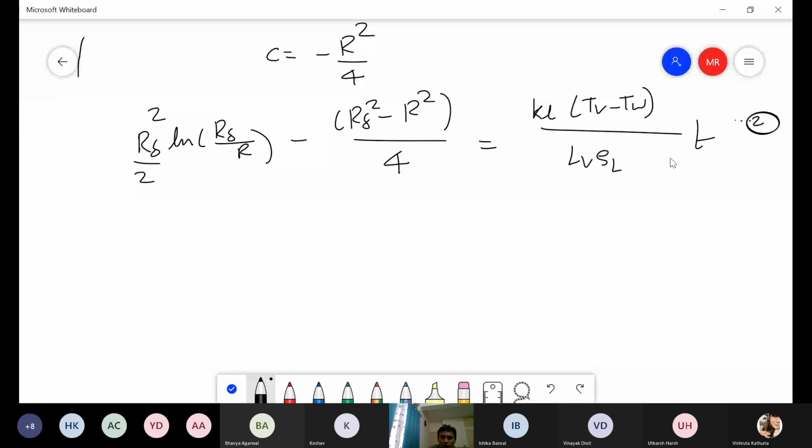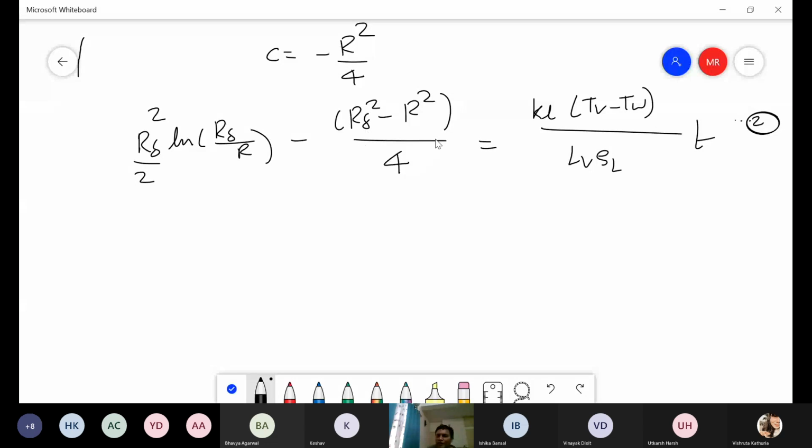If you rearrange this equation further, you can multiply the entire equation by 2, so this 2 goes here, and divide by r square. So this becomes r delta square by r square, and this becomes r delta by r whole square minus 1, isn't it?